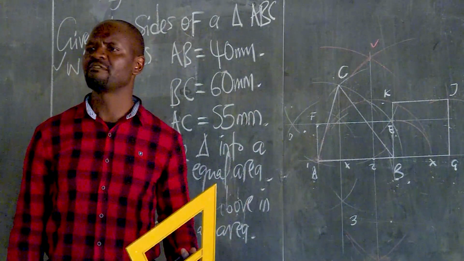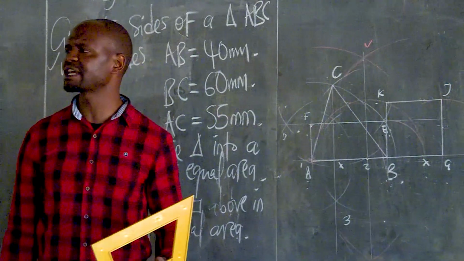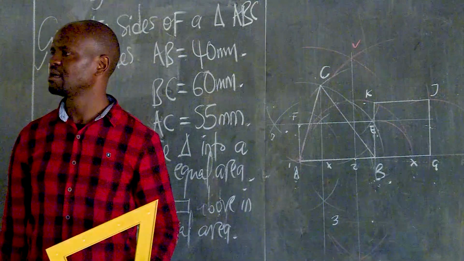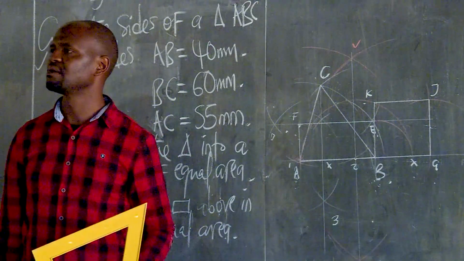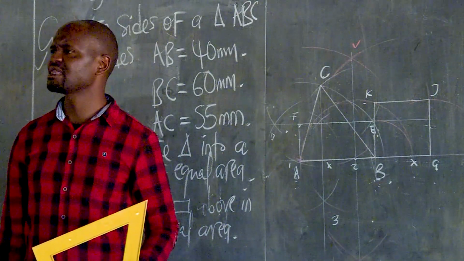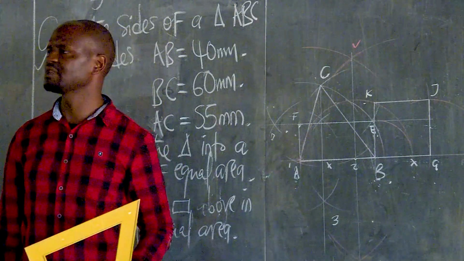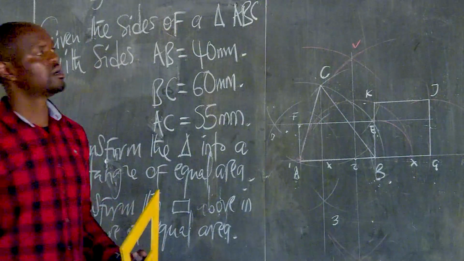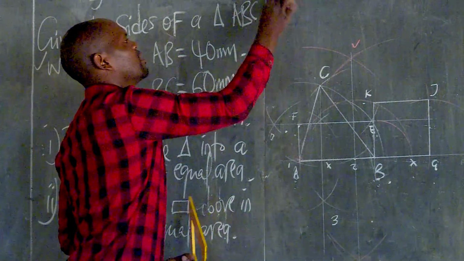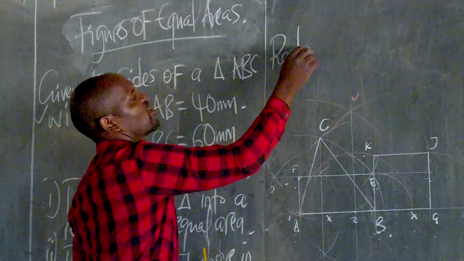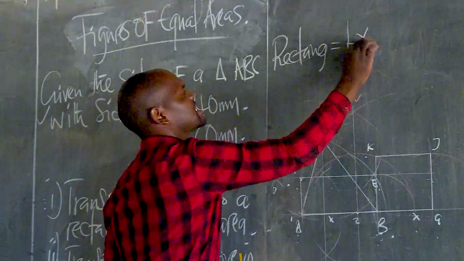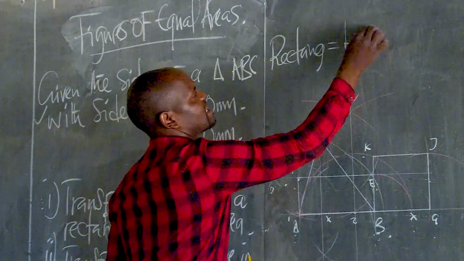What is the formula for finding the rectangle area? Yes. It's length times breadth. Is it true? Yes. For a rectangle? Okay, so for a rectangle, area is equal to length times breadth.